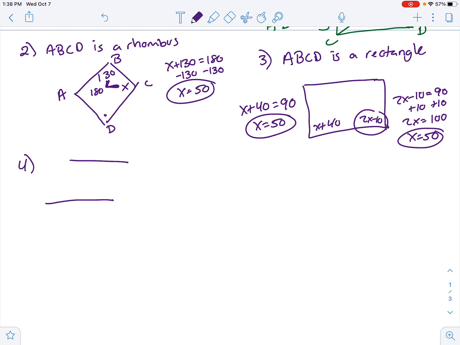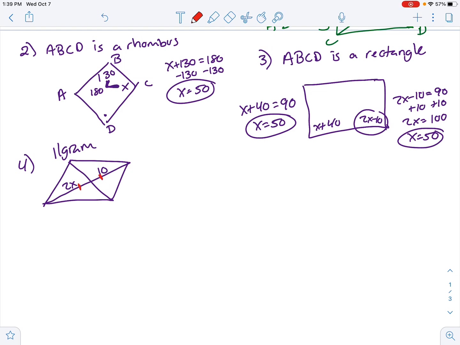Next one. I'm going to tell you this is a parallelogram. Now in a parallelogram, I have my diagonals drawn in. What do we know about the diagonals in a parallelogram? We know that the diagonals bisect each other. What does it mean to bisect each other? That means they cut each other in half.